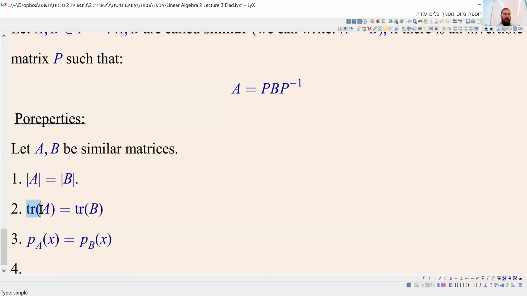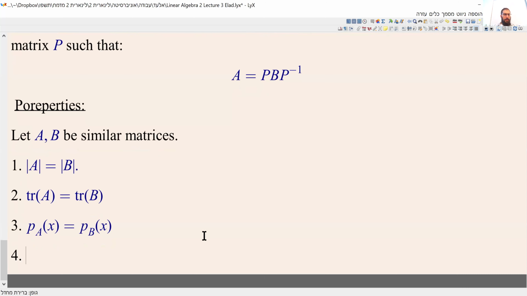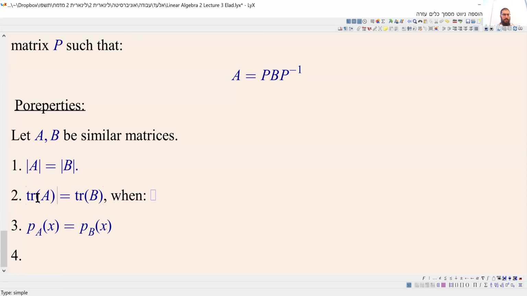Trace is the sum of the elements of the diagonal. What else can I write here? They have the same rank. Trace is the sum of the elements of the diagonal, A11 plus A22, and so on.